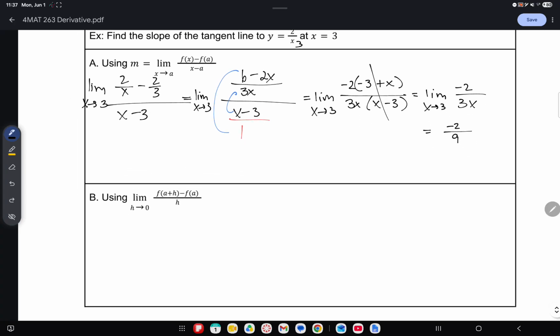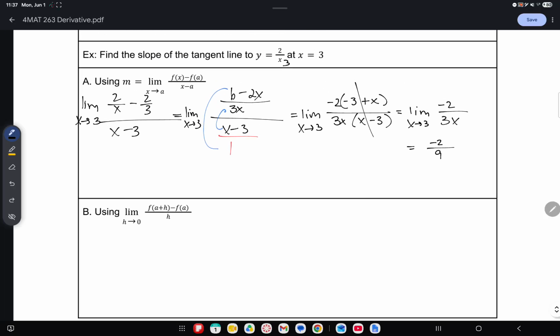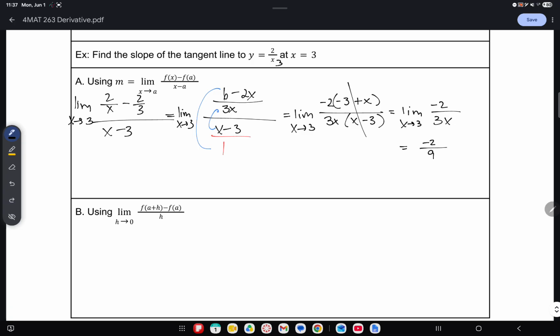All right. Now let's do it for any a value. Okay. So we have the limit as h goes to 0 of f of a plus h, so 2 over a plus h, minus f of a, so 2 over a, all over h.